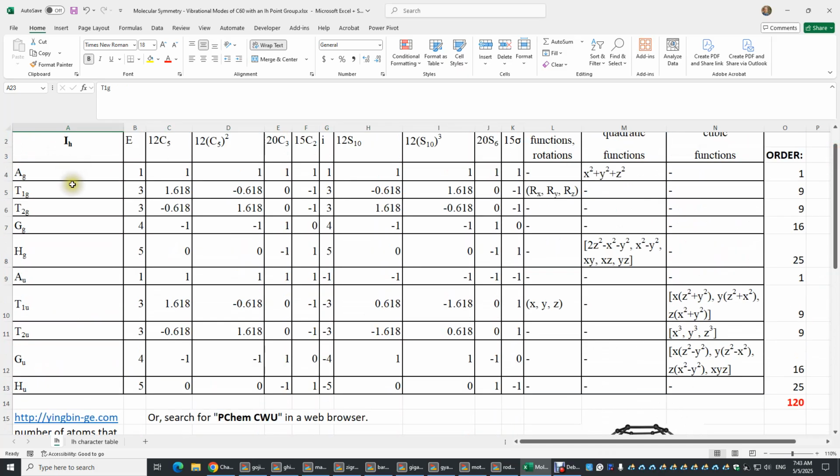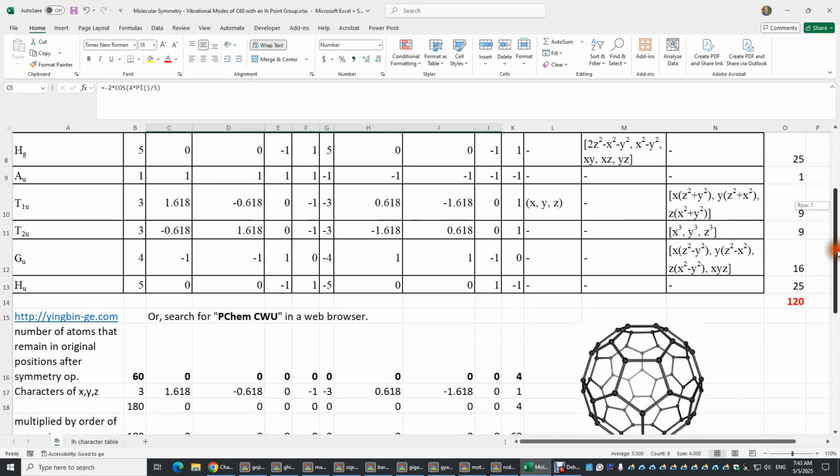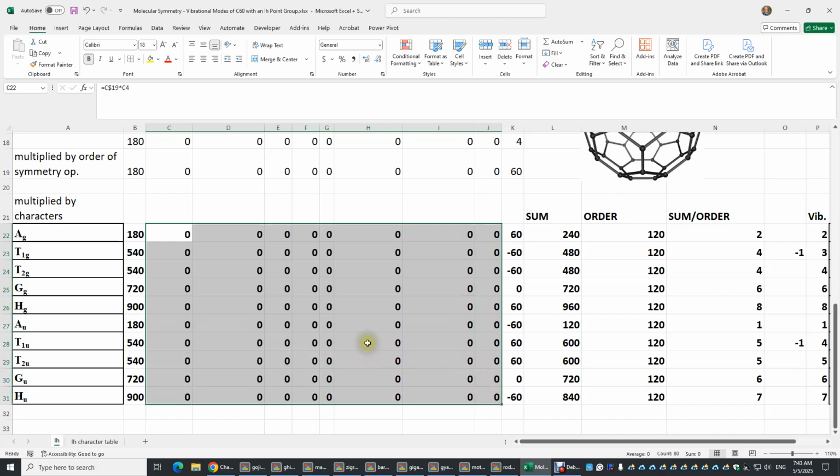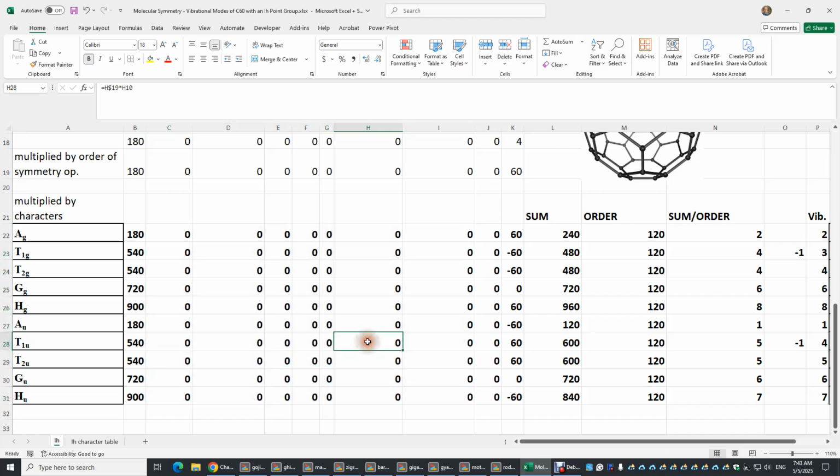For T1g, we can take a look. It's right here. This is 3 and this is -1. We don't have to worry about the 8 characters in the middle because anyway they will be multiplied by 0. So mostly non-zeros here, but in the middle, the 8 columns are just simply zeros.